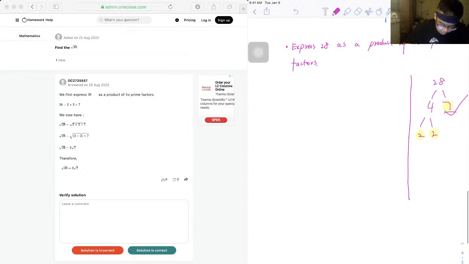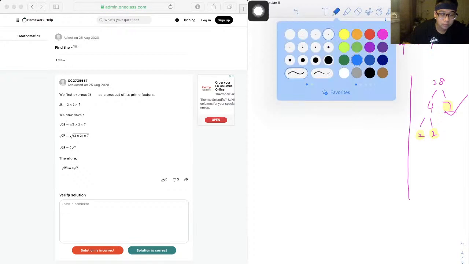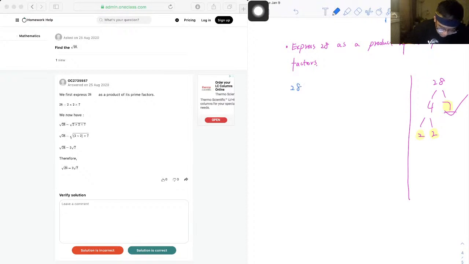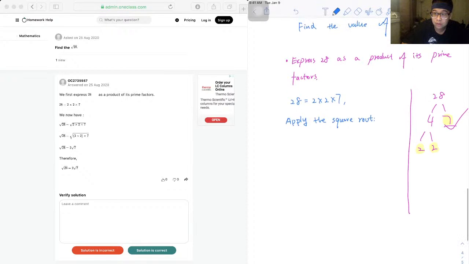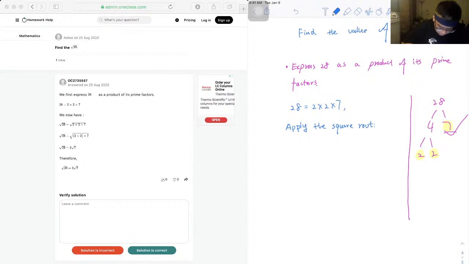Yep. So here, 28 can be written as 2 times 2 times 7. So if we want to apply the square root, this will be equal to root 28 is equal to root 2 times 2 times 7.